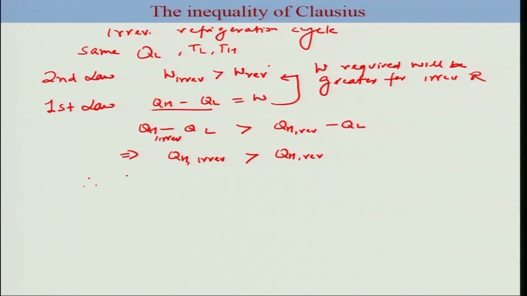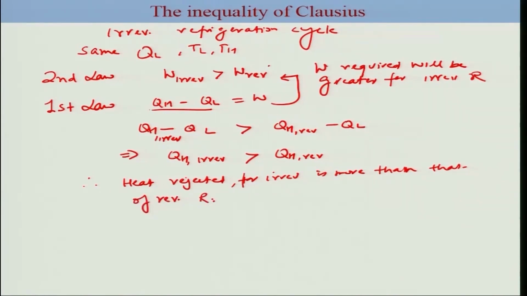So this tells you that the heat rejected for the case of the irreversible refrigerator cycle is more than that of the reversible refrigerator cycle. Now let's look at this expression of the change in overall heat for the cycle.